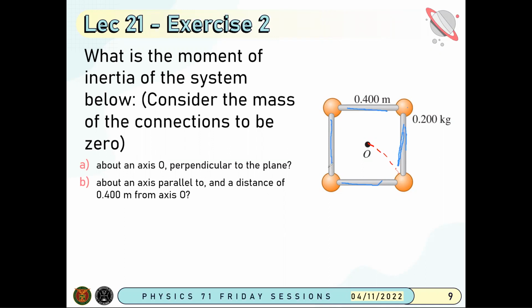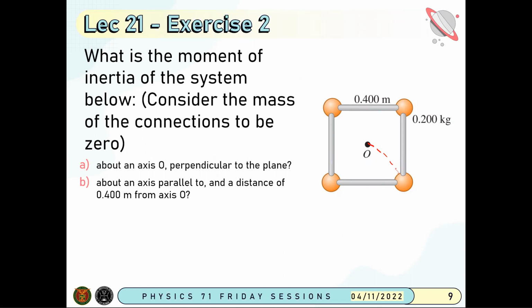Ngayon, meron tayong axis O sa gitna. Okay, so we are now considering two cases. What if yung rotational axis natin is in this O perpendicular to the plane? And B, about an axis parallel at a distance of 0.4 meters from the axis O.